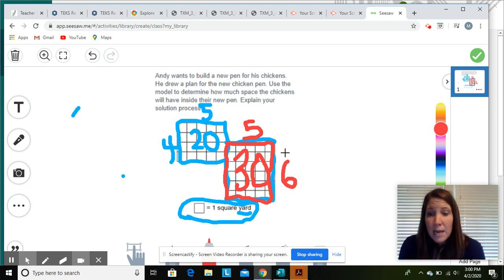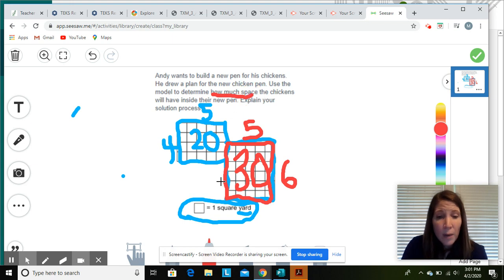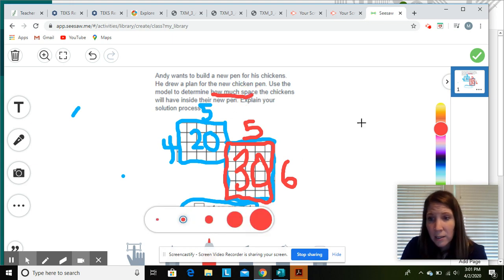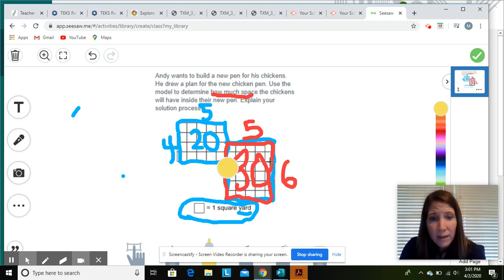All right. Now, are we finished? No, he needs to know how much space he's going to need in all. So what we need to do is we need to take everything we've done. So we're going to take the total here. And we're going to take the total area here. And what are we going to do with these two numbers?